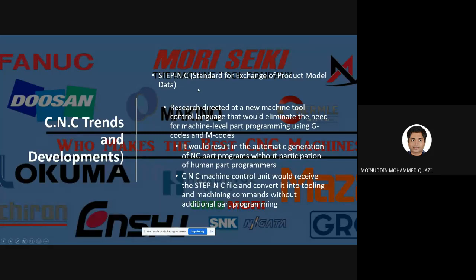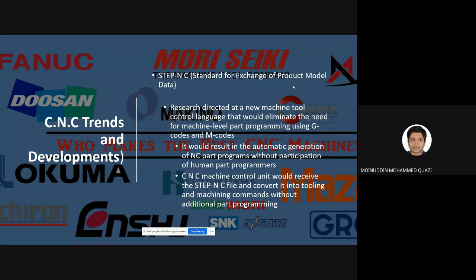So when we talk about G&M codes, now there is a process to basically change the G&M codes to STEP-NC, or standard for exchange of product model data. Now people are trying to change G&M codes to a new and easier machine language. I can see myself also sometimes I get confused about which code to apply, G01, G02, G03.